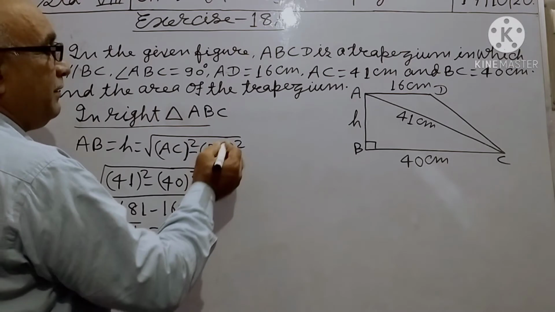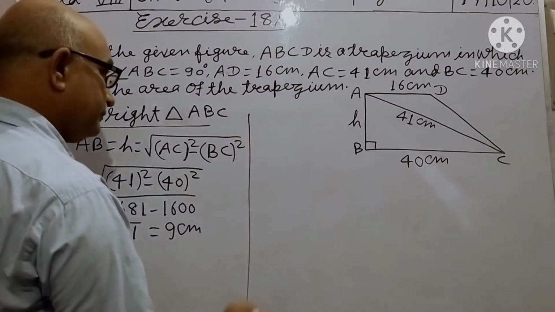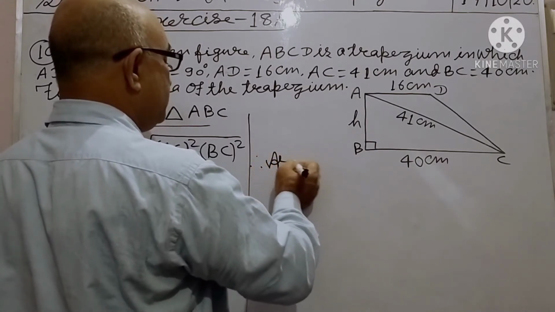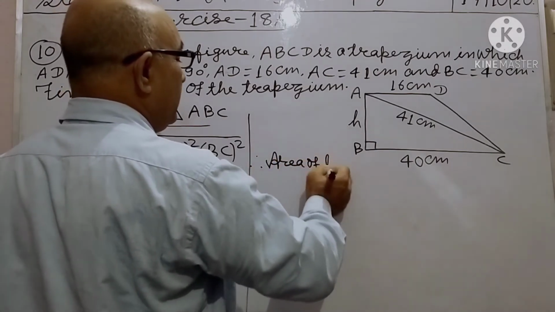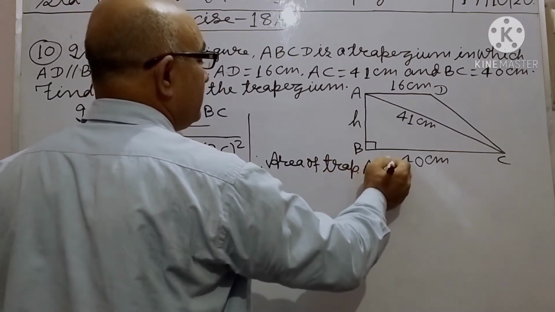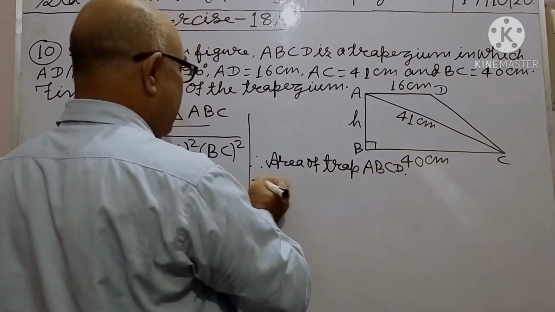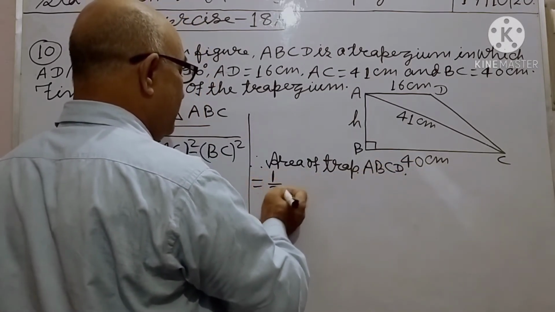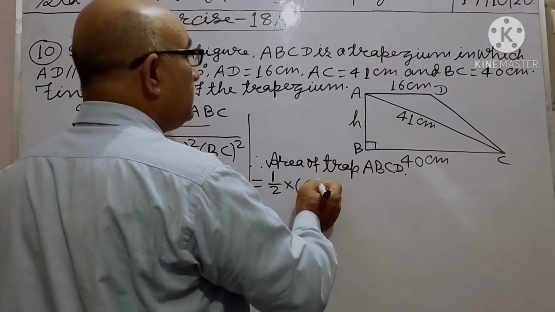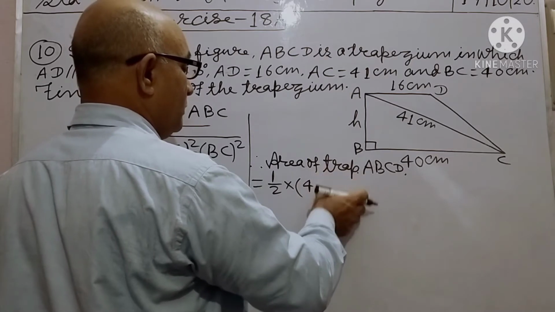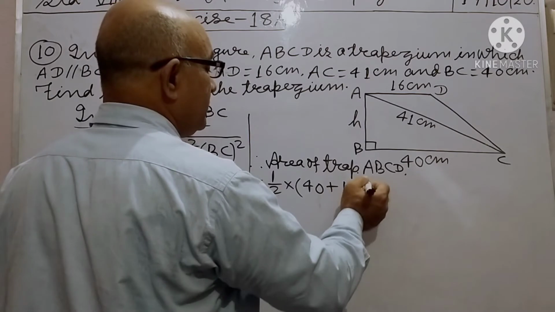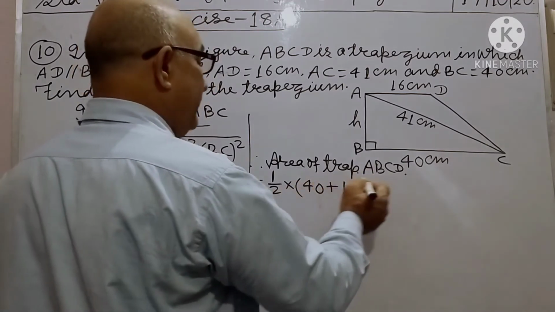Find the area of trapezium. Therefore, area of trapezium ABCD equals 1 by 2 into sum of parallel sides, (40 cm plus 16 cm) into height. Height is 9 cm.